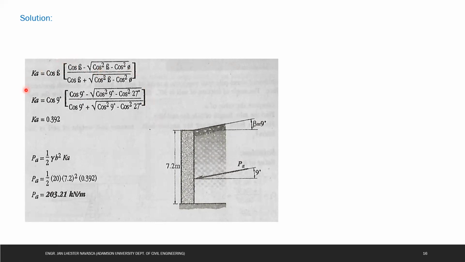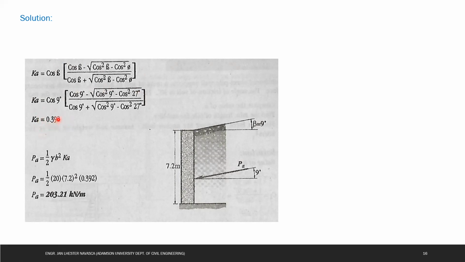This formula comes from the transformation of angle, so you transform the 9 degrees to horizontal. You have this derivation based on the design of structures, so you can recall the derivation of this one. The phi angle is 27 degrees, and beta is 9 degrees. So solving for K sub A, you have 0.392.